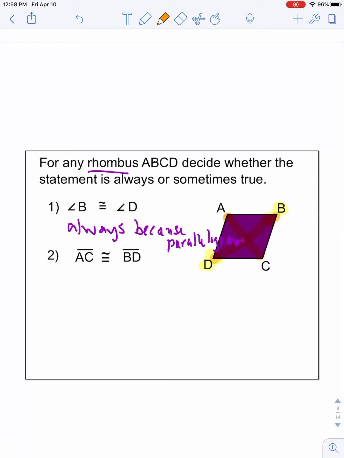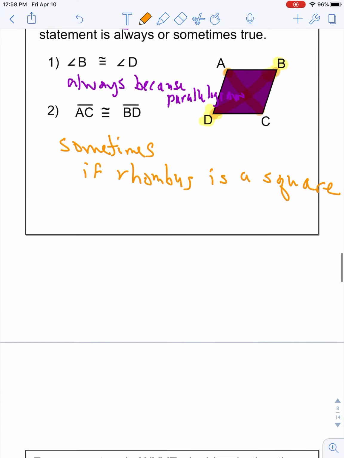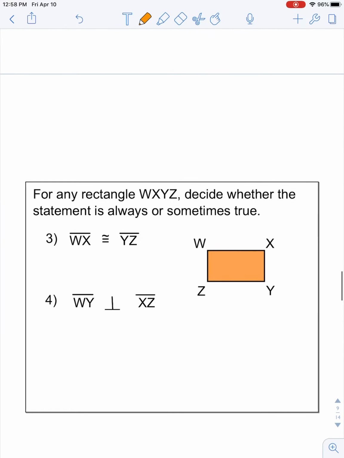Well, it is sometimes true, and it's only going to be true if this rhombus is a square. And remember, we're never going to just look at the picture to decide, okay? We're going to look at what given information we have. All right, moving forward to another example here.